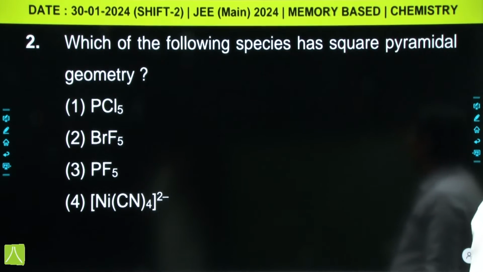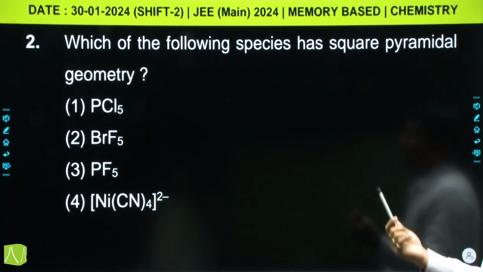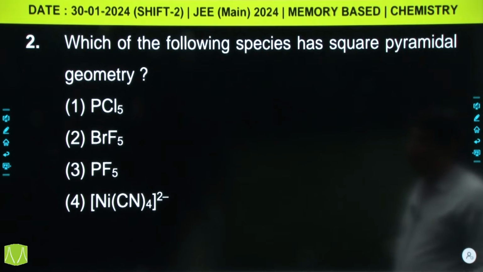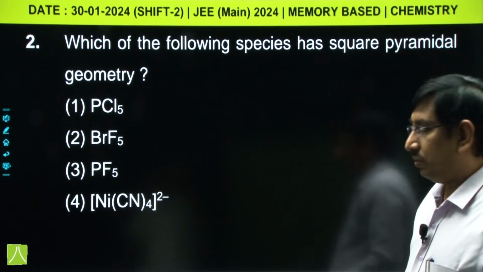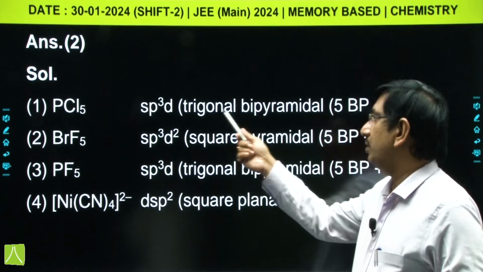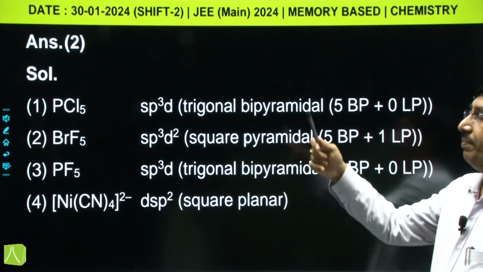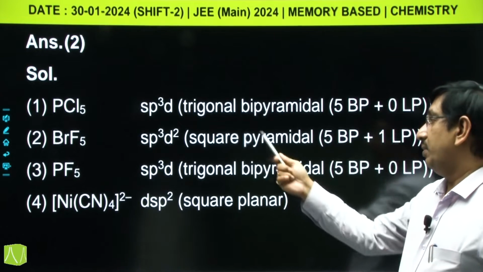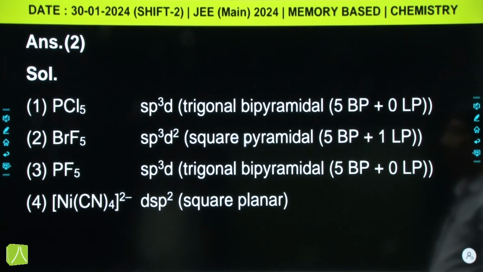Second question, which of the following species has square pyramidal geometry? PCl5, BrF5, PF5, nickel tetracyanide. PCl5 is having sp3d hybridization with 5 bond pairs and 0 lone pair, and BrF5 has sp3d2 hybridization with 5 bond pairs and 1 lone pair.